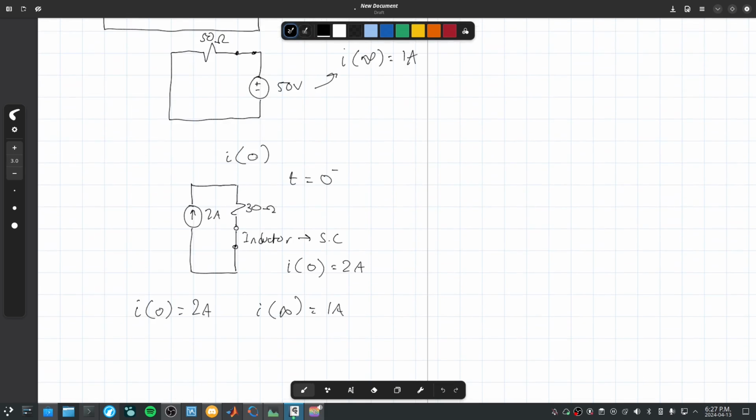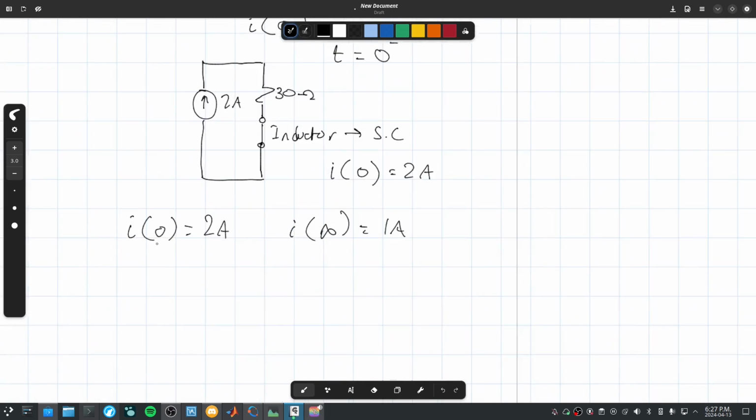At t equals 0 minus, we come from the left side, so the circuit is still open, and then we solve for the current. And we get I0 is equal to 2A, I infinity is equal to 1A.